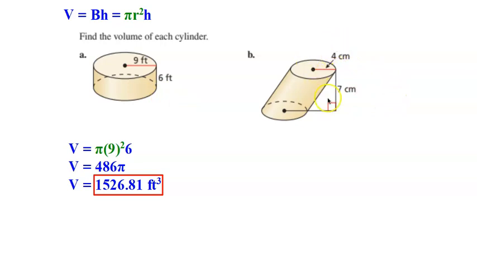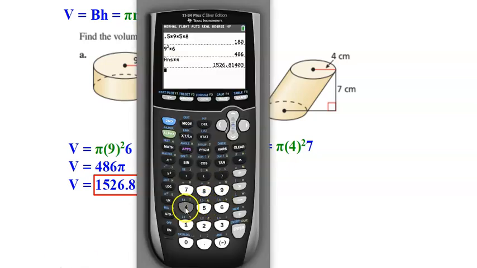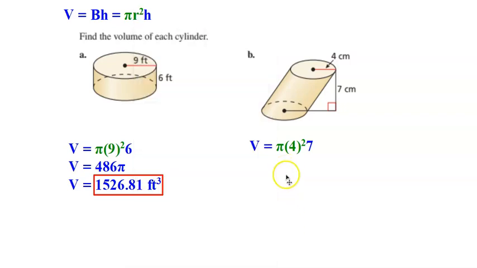Okay, so problem B, it's an oblique cylinder, but that doesn't matter. The formula works just the same. So our radius is 4, our height is 7, so we just plug that in. Volume is pi times 4 squared times 7. Put that in the calculator. We're going to get it in terms of pi first. So 4 squared times 7 is 112.